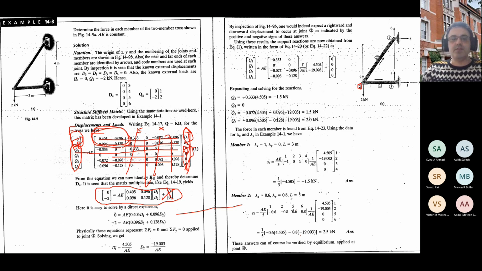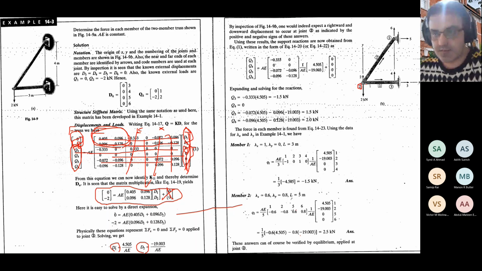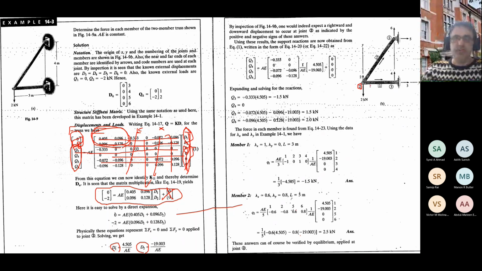So if you just solve this 2 by 2 system of equations, you will come up with D1 and D2 as the deformations in the X and Y directions in joint 2, which correspond to the degrees of freedom 1 and 2, as you see here. When we come up with this point, we have solved our problem in terms of deformations, and the only remaining part would be to obtain the support reactions and the internal forces in each element.